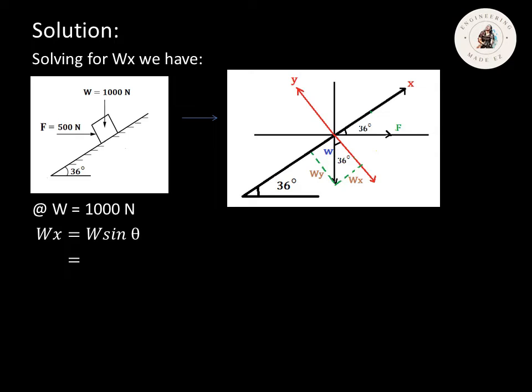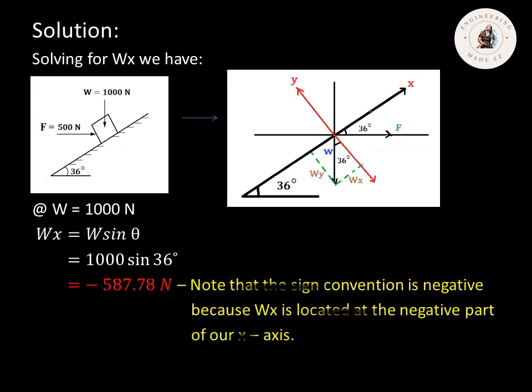Substituting the given for W, which is 1,000, and theta, which is 36, we have Wx is equal to 1,000 multiplied by sine 36 degrees. Using our calculator to compute for our Wx, we have Wx is equivalent to 587.78 Newton. Take note that the sign convention here is negative because as you can see, Wx is located at the negative part of our x-axis.